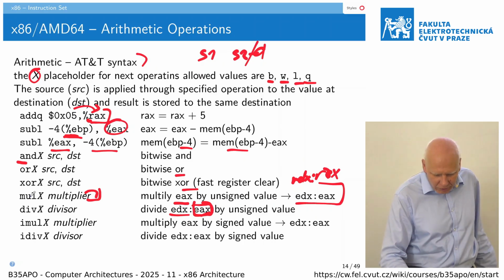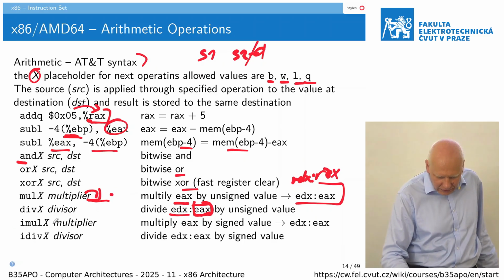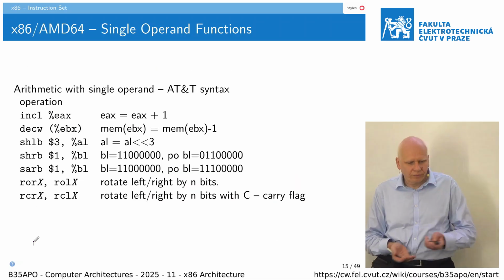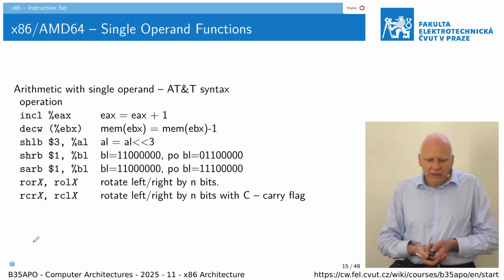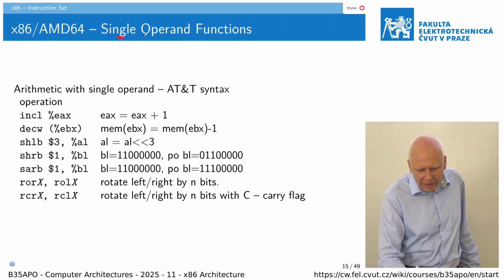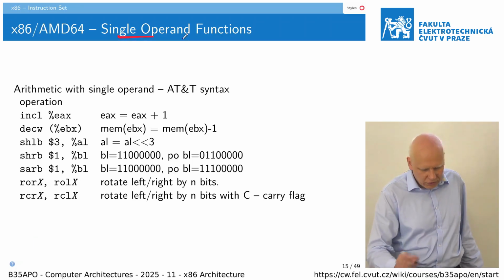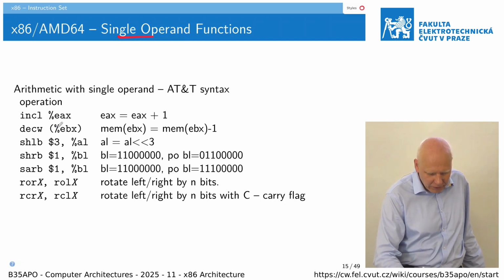And we can have multiplication and division for signed and unsigned numbers. So this is unsigned, and if it is integer, then it is signed multiplication and division. And there are even some single operand instructions. Okay, instructions would probably be a better word.